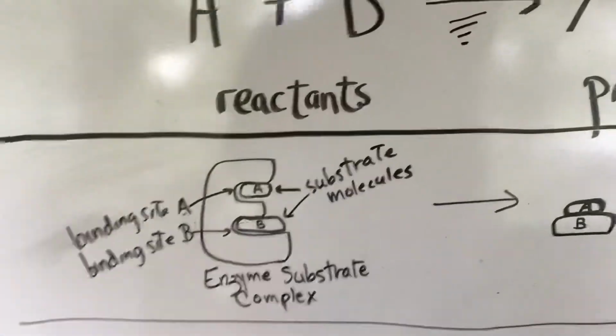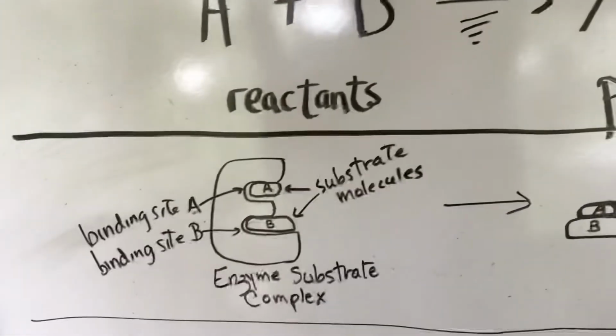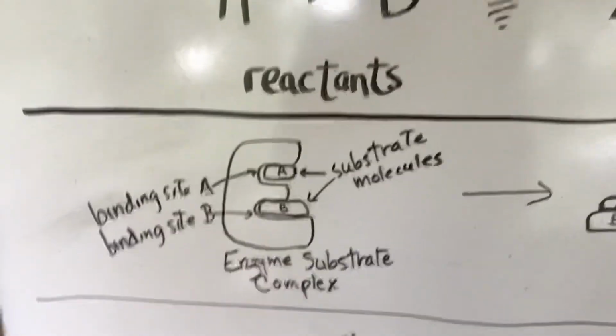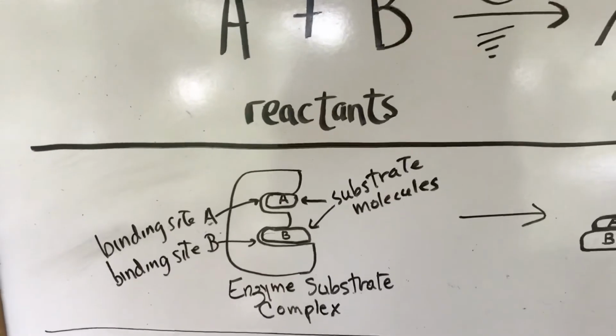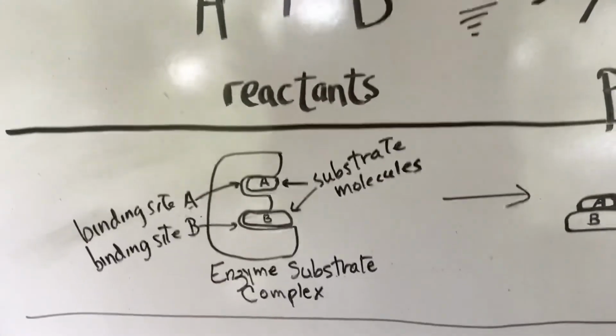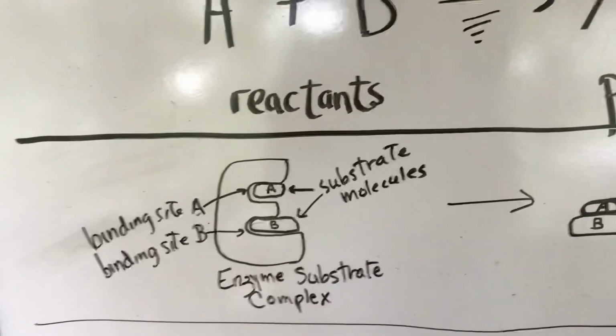Now, enzymes can act in different ways. Sometimes they can change shape to make A and B come close together. Maybe binding site A has to be filled before binding site B, etc. There's different ways that enzymes work, and we'll talk a little bit about that later.